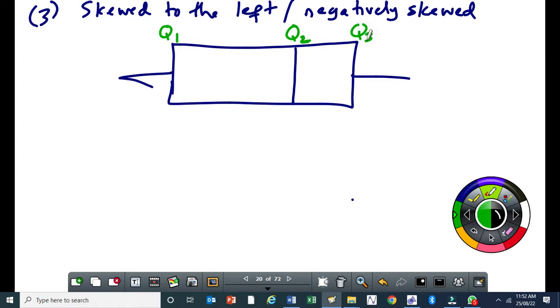In terms of the criteria for finding whether the data set is positively skewed, negatively skewed, and so on, in the case of negatively skewed, your X bar will be less than Q2. So your mean will be less than the median.